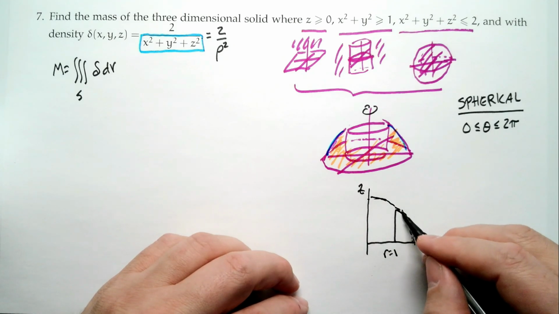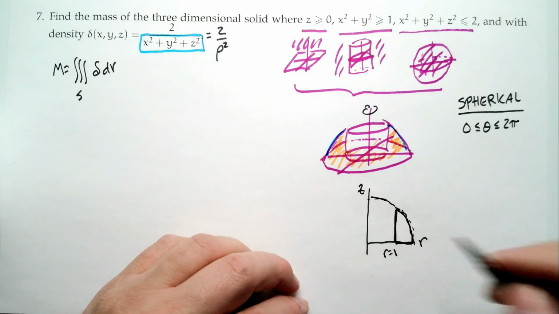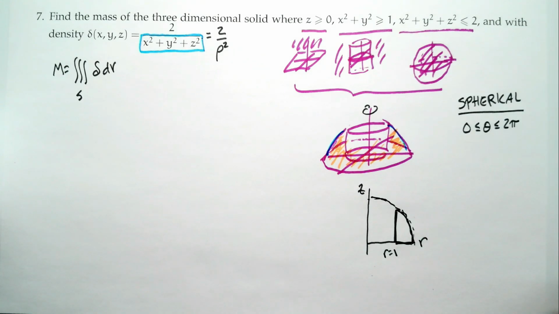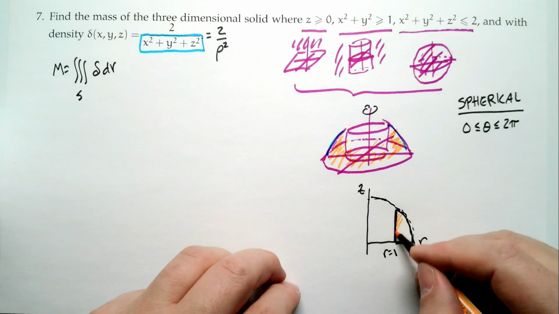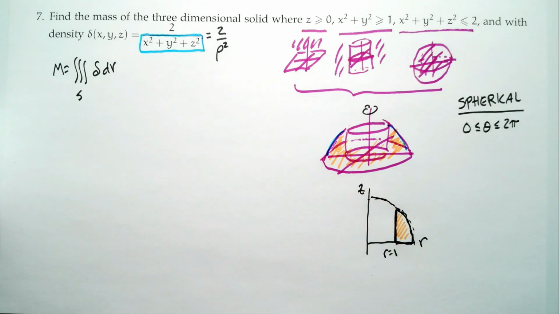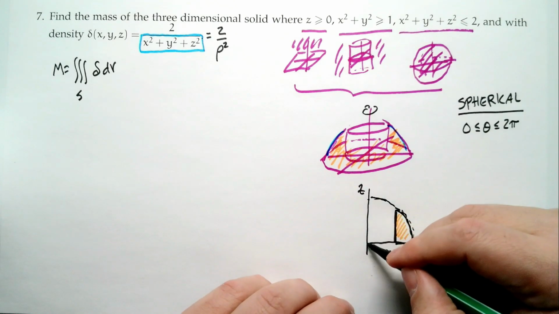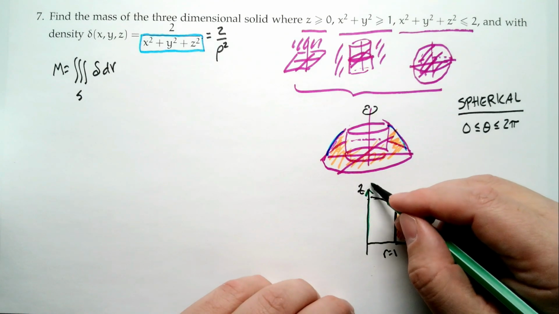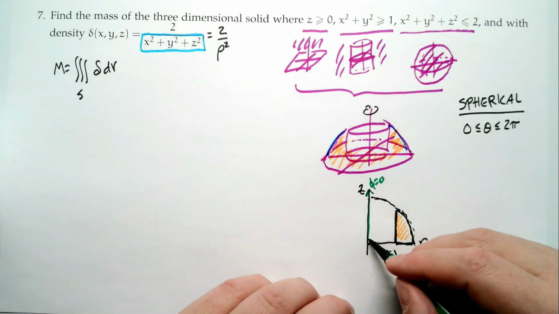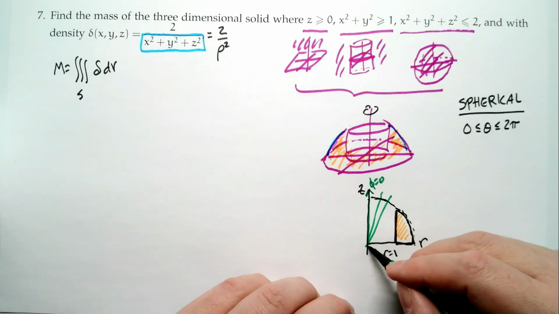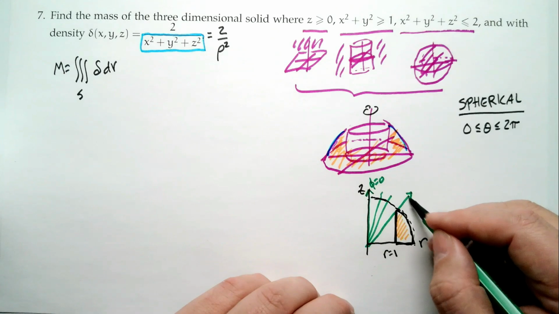All right, so there's our little slice. We're spinning that slice around, and that's going to form our solid. To help us understand where phi goes from, we remember that phi equals 0 points straight up, and then we start moving off of here. So what we need to find is this angle.